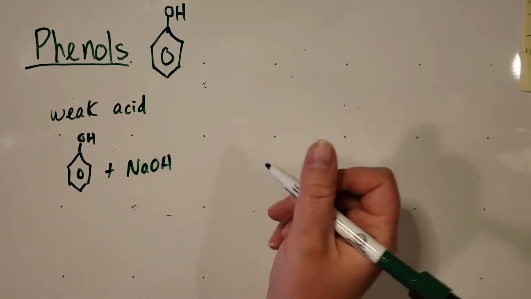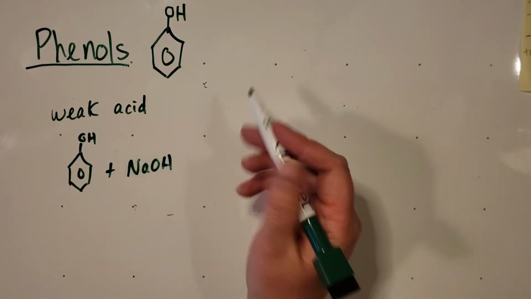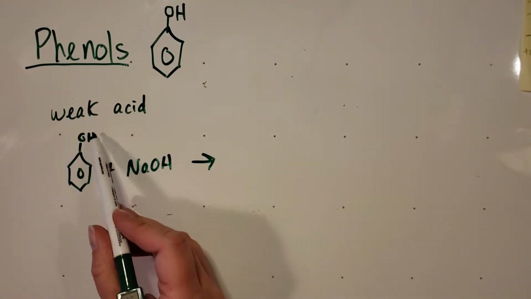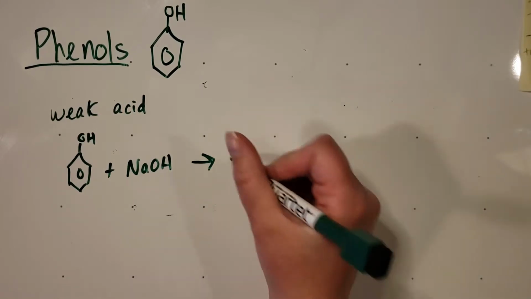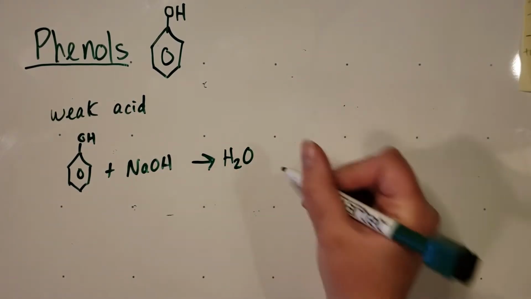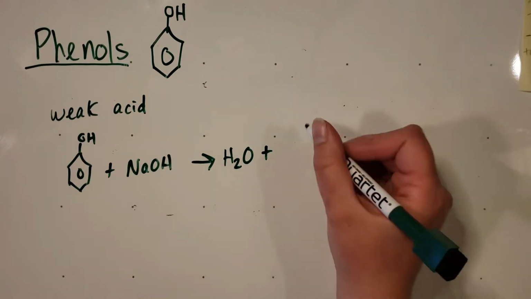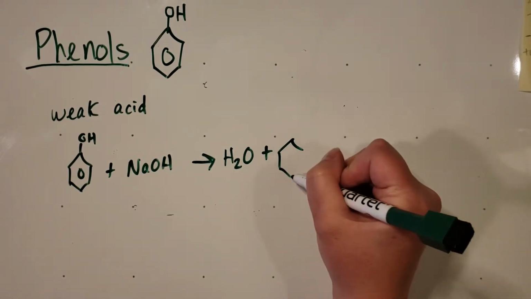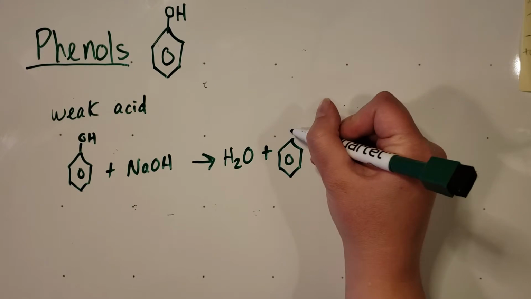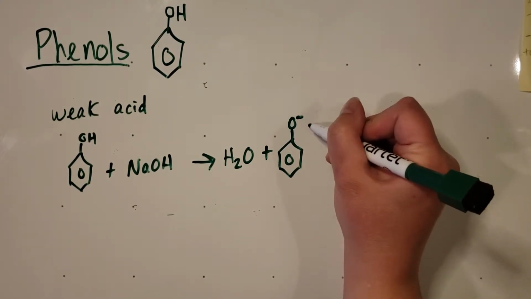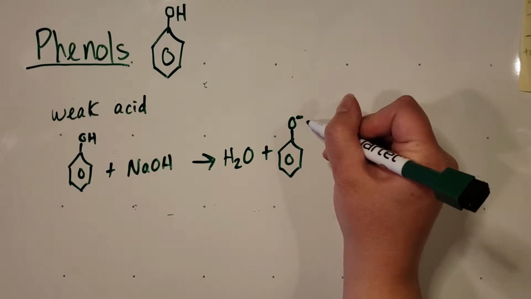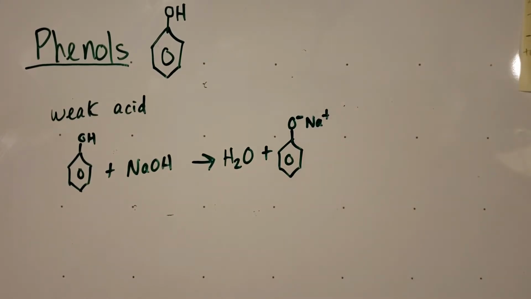If we have our phenol reacting with NaOH, it's that H that will come off and end up binding to that OH to make your H2O. And you make a salt, because in acid-base reactions you get a salt and water. So we have our O- ion and your Na+ ion. There's your salt and your water.